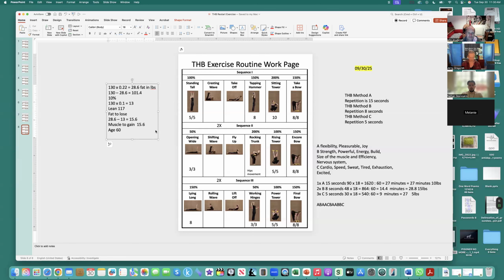Let's say 1 pound a month in a good run. Then we need 16 months. Not bad, right?